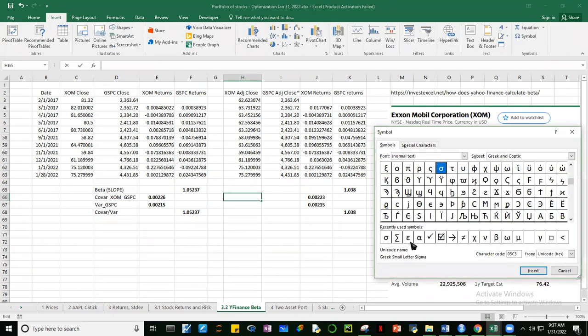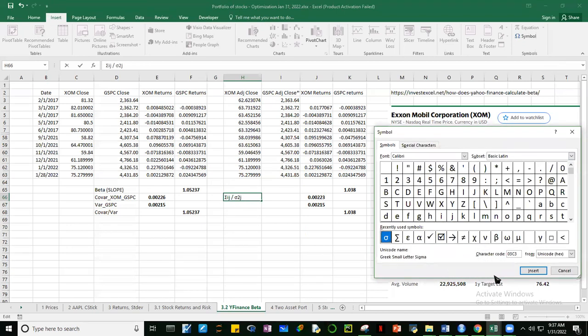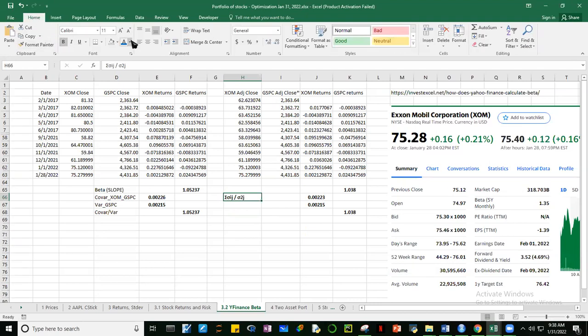By the way, guys, the slope can also be expressed another way. Let me insert sigma, just for our information. Okay, let me just explain this formula.